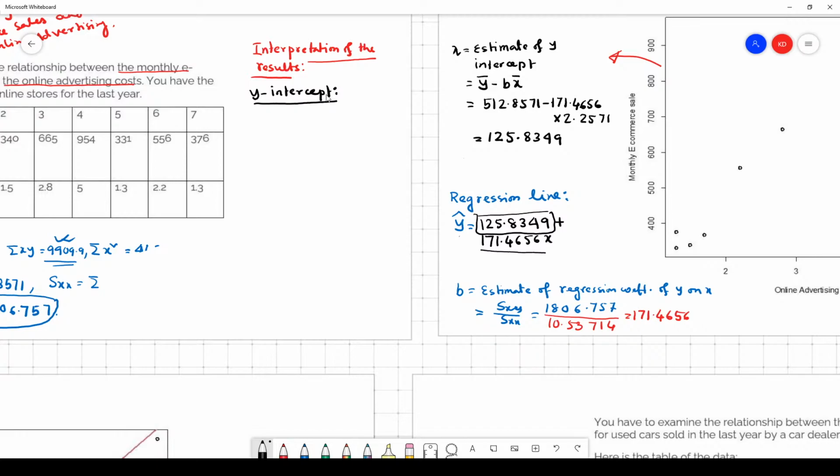Okay. So if you look at that, when x is equal to 0, then y hat is equal to 125.8349, which is the intercept, the y-intercept term.